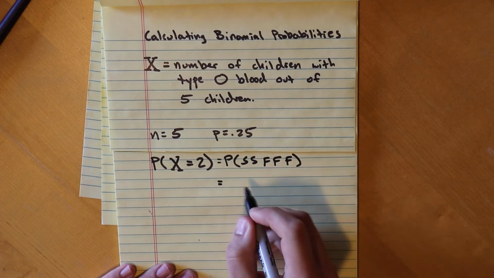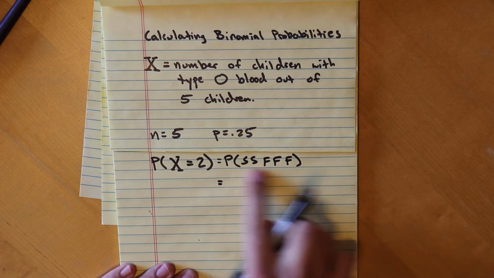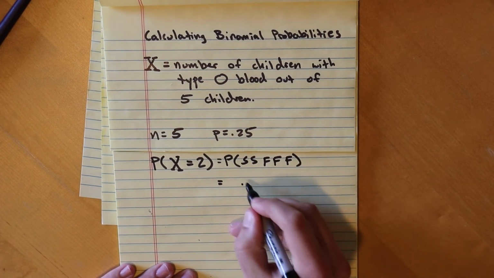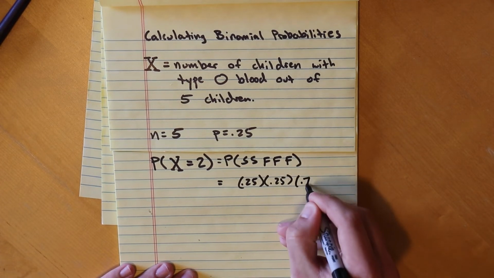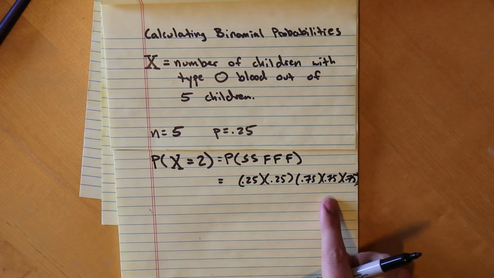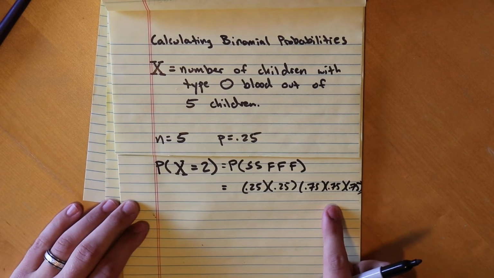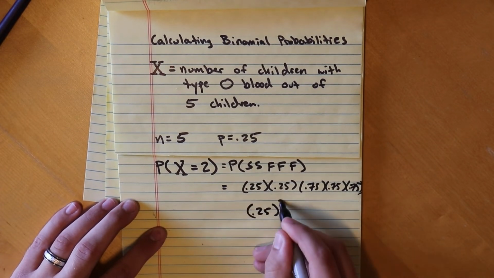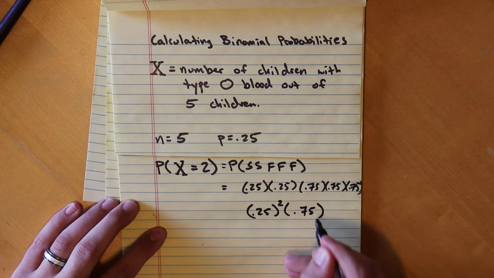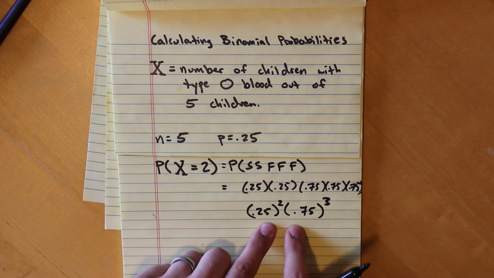From what we've seen, this particular outcome has a probability of 0.25 times 0.25, and then times the 3 failures here, the 3 kids that don't have type O blood, and I could reduce this to 0.25 to the second, 0.75 to the third. But this is only one scenario.